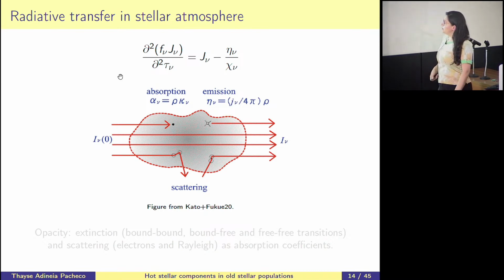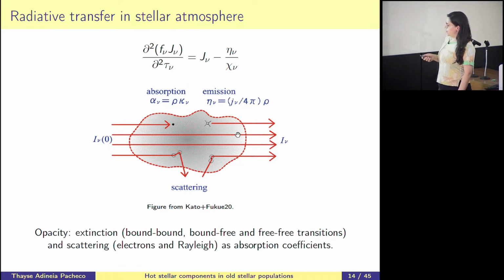And when the radiation passes through a layer, the radiation can be absorbed, scattered, or re-emitted. And we have some sources contributing to the opacity of this layer, which are important to extinction and scattering as absorption coefficients.